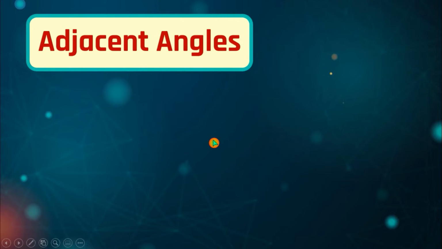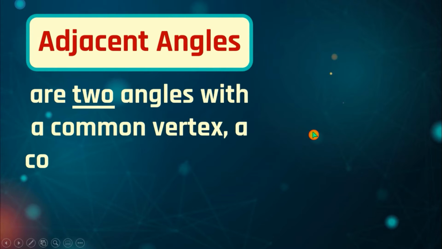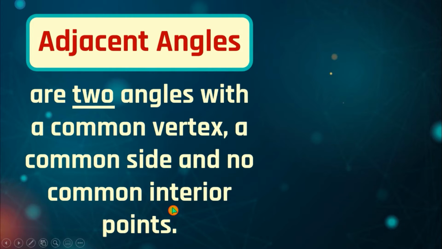The first one is the adjacent angles. So, when we say adjacent angles, these are two angles with a common vertex, a common side, and no common interior points. Okay, so I would like to clarify to you, class, na ang mga figures na ipapresent ko ay hindi lang naman yun yung figures na possible ninyong makita.